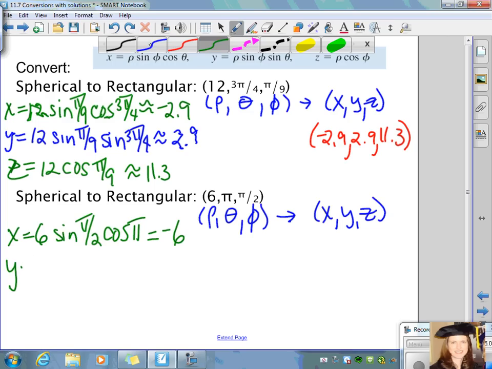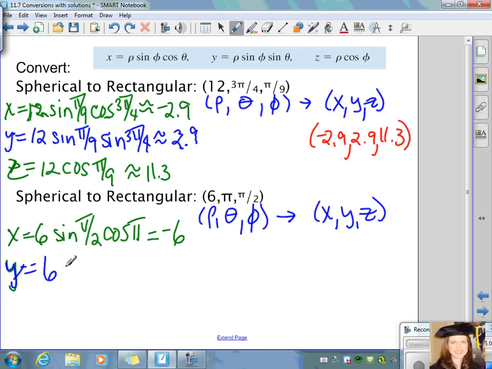Using the conversion equation for y, we're going to have y equals rho sine phi sine theta. So 6 sine of pi over 2 times the sine of pi. And simplify that, you get y equals 0.